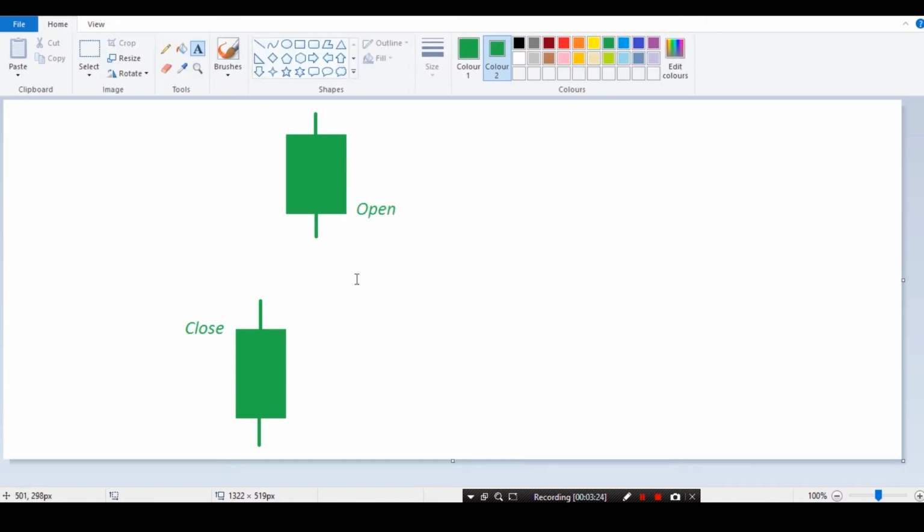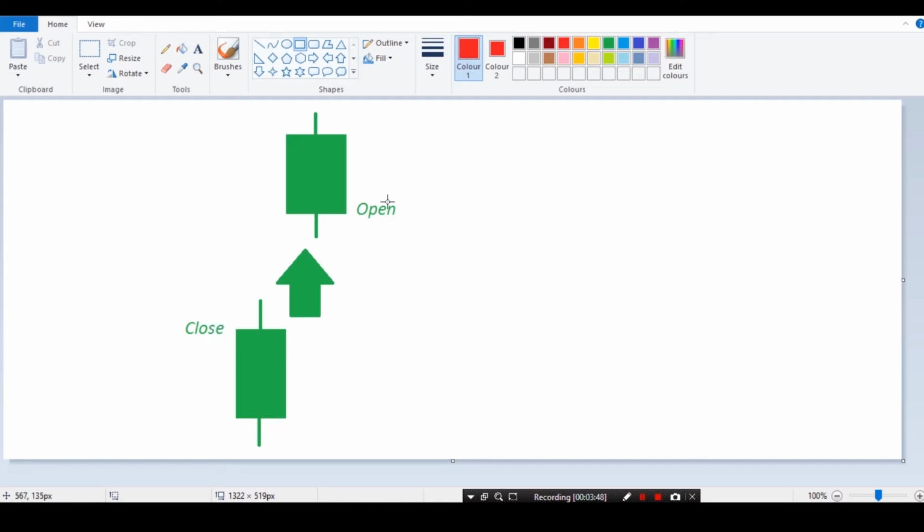Now, if the open is above the close, then we have gapped up. That is the direction of our gap. Gaps can be up or down, depending on where the open is in accordance to the close. So the close is your anchor point. If your open is above your close, then we have gapped up. If your open is below your close, then we have gapped down.